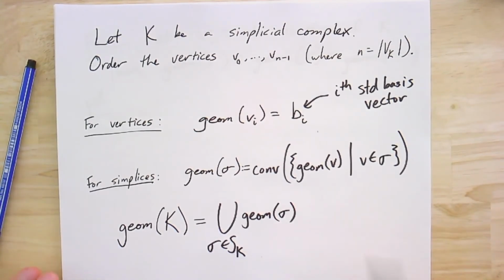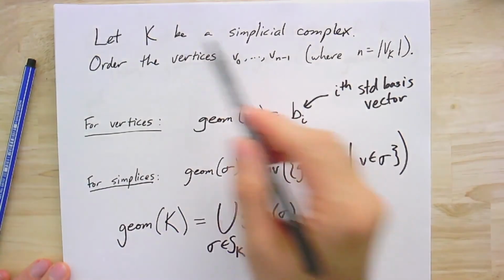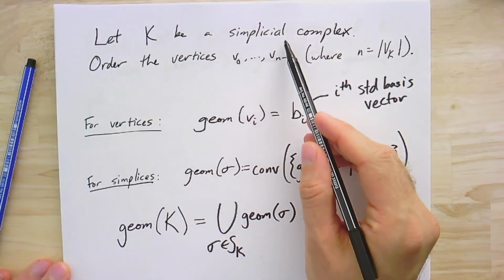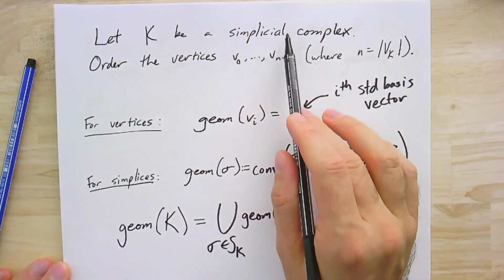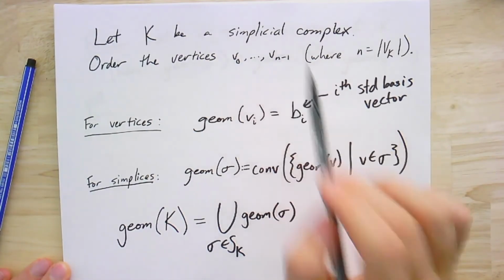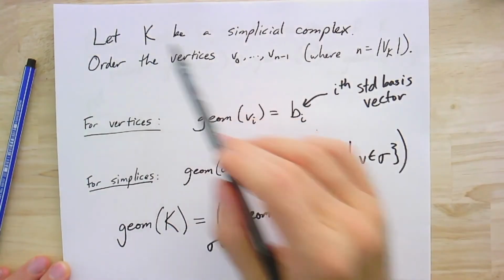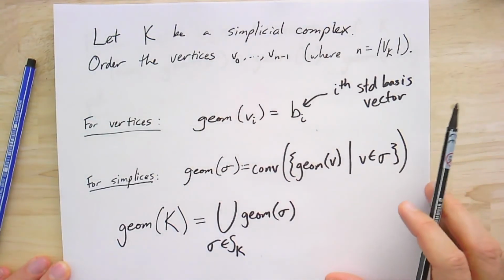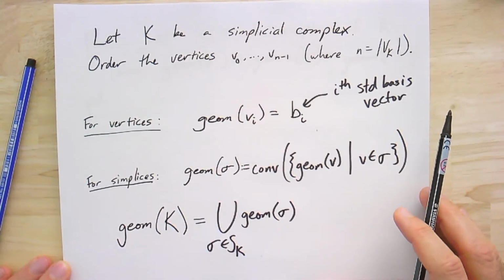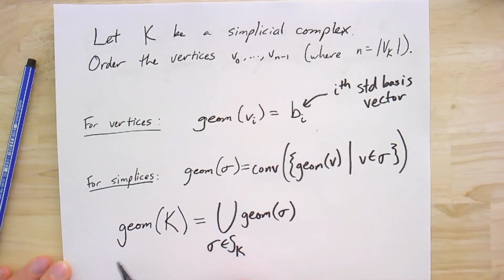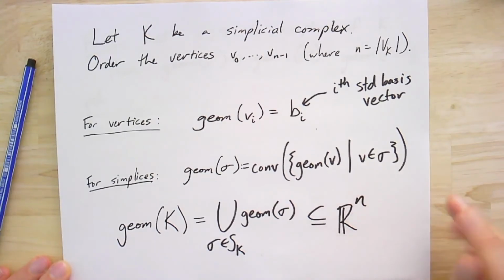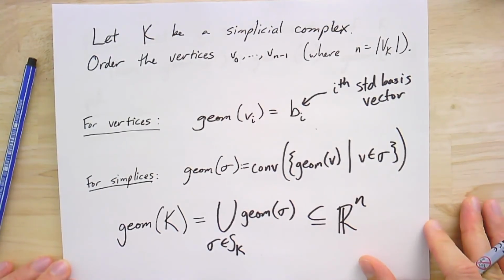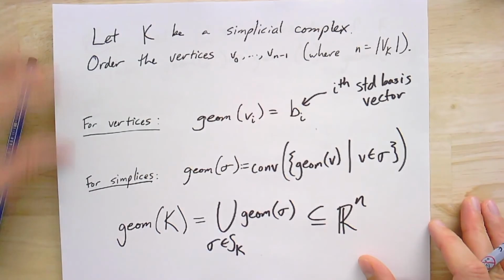So this will give us from a simplicial complex, which again is just a combinatorial object, especially as we're going to limit ourselves to finite simplicial complexes. So it's a finite set of vertices and a subset of its power set that's closed under taking subsets. I now get this subset of Rn, which is the geometric realization of the simplicial complex.